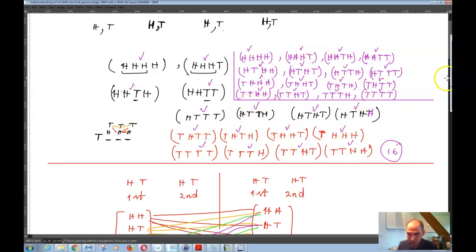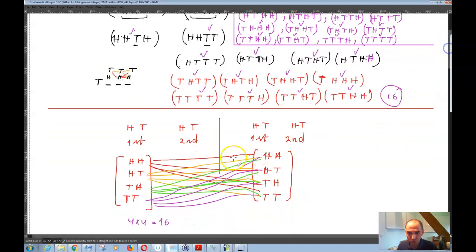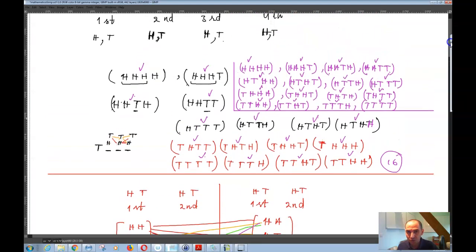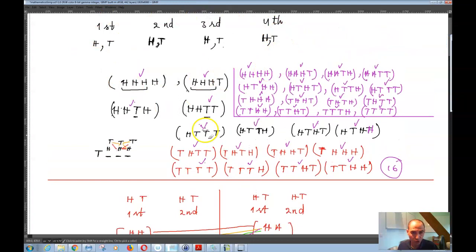So it does work. You don't really need to do much here. Just flip the coin twice and then put the results together. You will get the results of a coin which has been flipped 4 times, right?